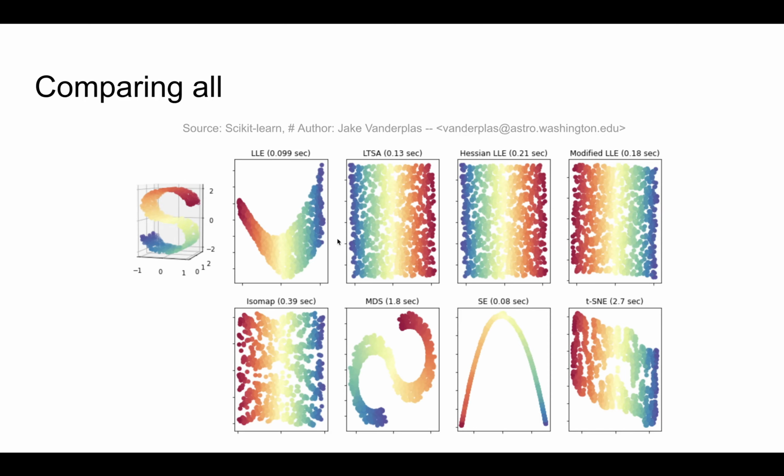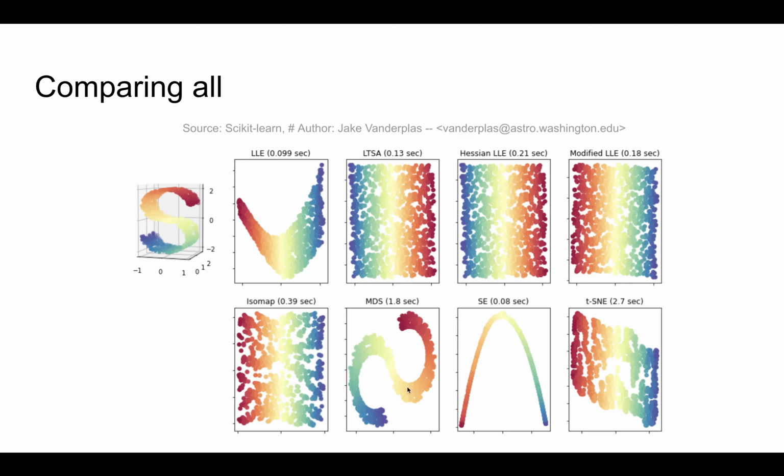But apart from that, with the method LTSA, which is the tangent space, we get a nice rectangular unfolded manifold. Similarly, for Hessian and modified LLE, we do get rectangular manifolds, and the same is the case with Isomap.